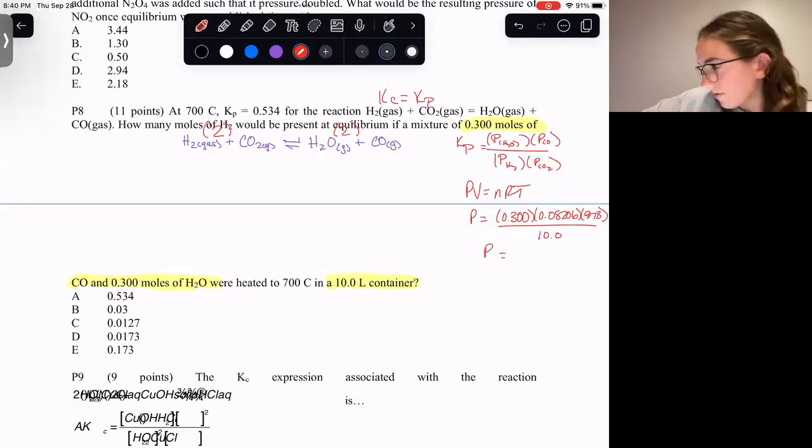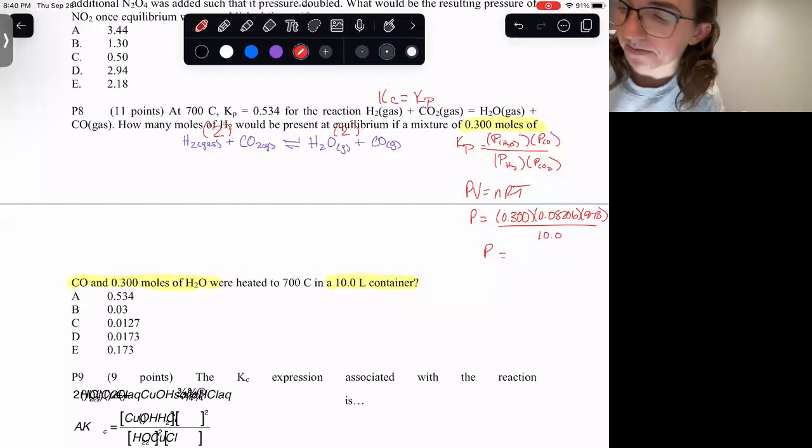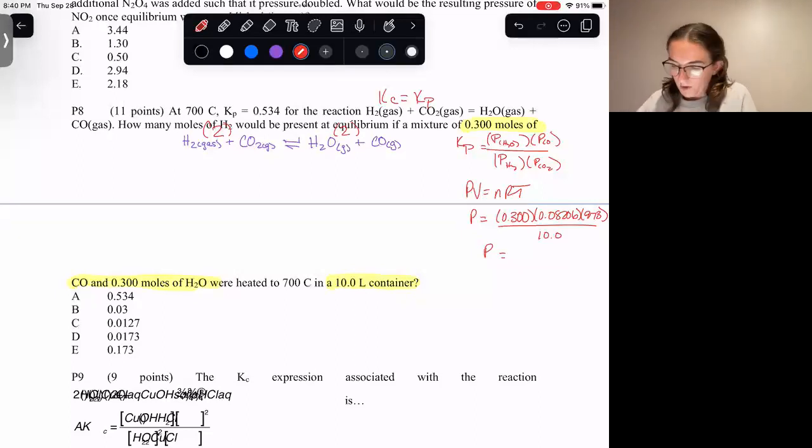Let me grab my calculator, because I didn't do it. Awesome. I got 2.395 ATM.